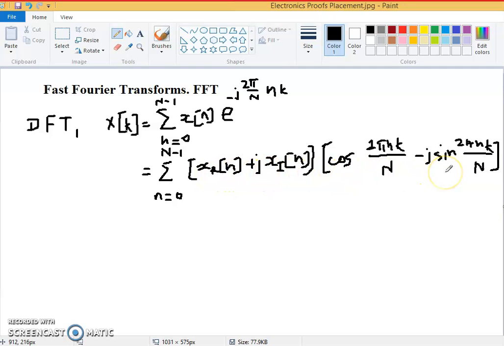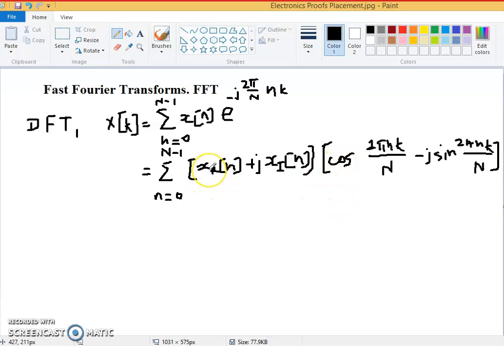Basically in calculating this, n goes from 0 to n minus 1, so there are n terms, and these n terms are summed together. The direct calculation of it requires how many multiplications?